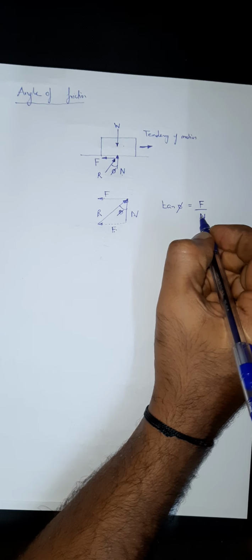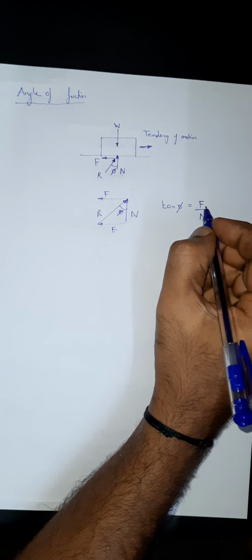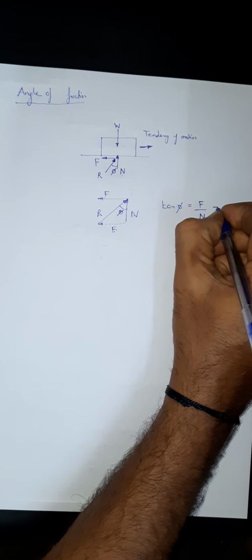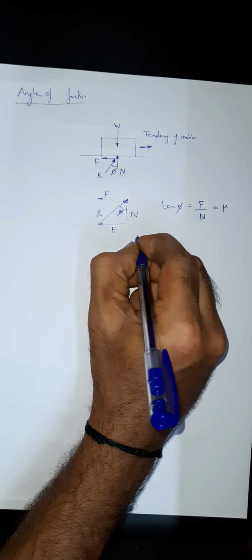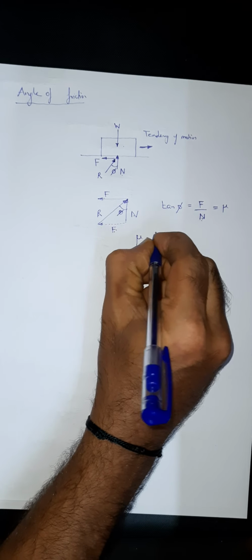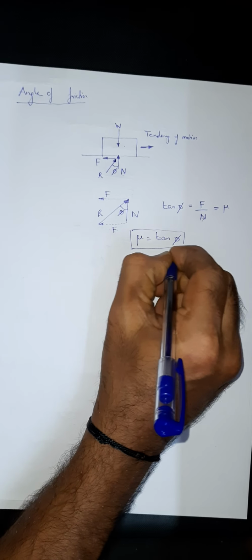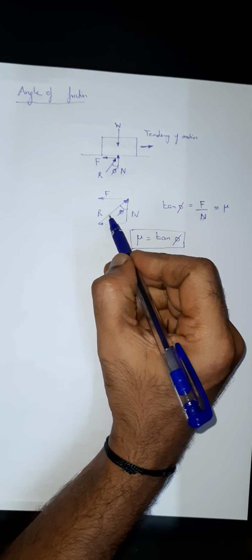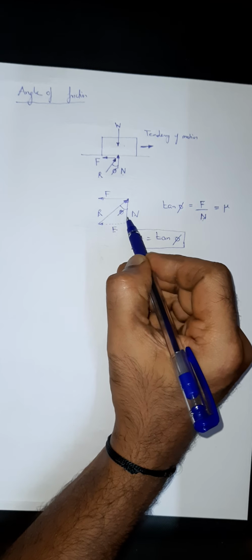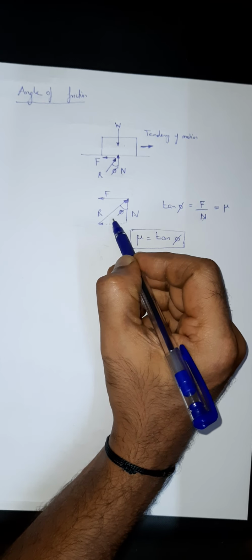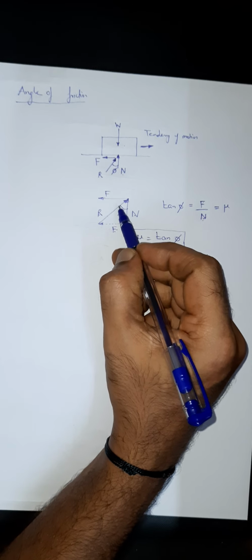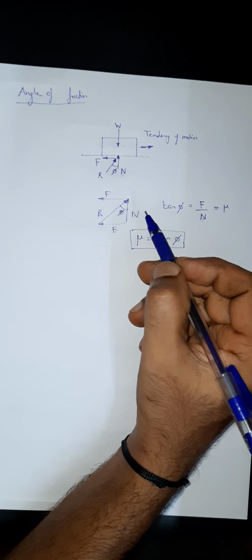That is, coefficient of friction mu is equal to F by N. So mu equals tan phi. So in definition we can say that the angle between the resultant and the normal reaction is called the angle of friction. It can be denoted as phi. Is it clear now? Right.